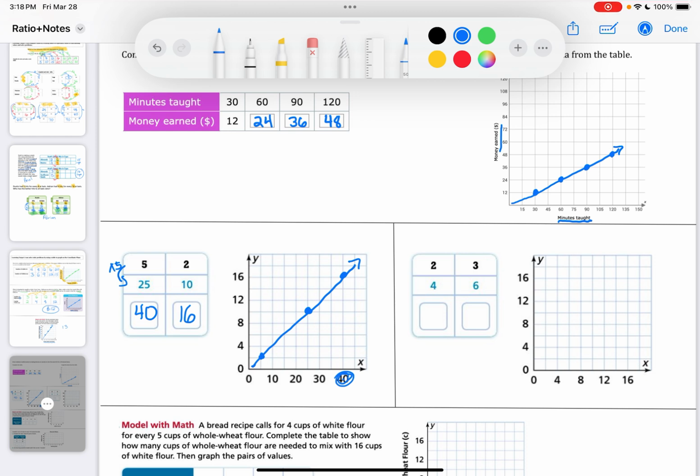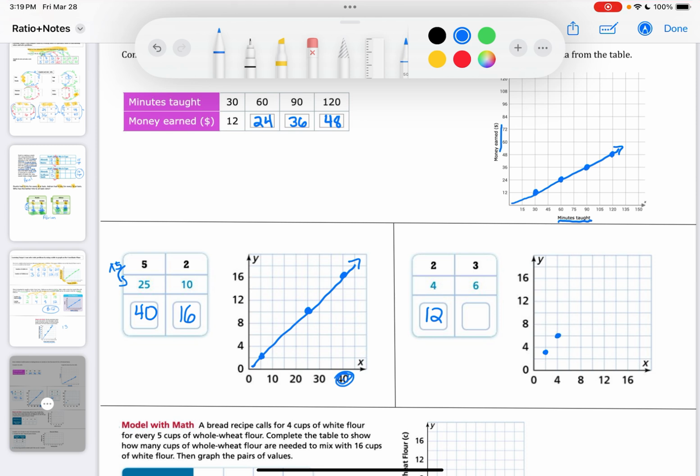All right, next one. I have 2, 3, 4, 6. Let's see. I might make the next one 12. I could do any number, but I want it to have a nice number over here on the far side, because so far I have 2, 3, which would be here, and 4, 6, which would be here.